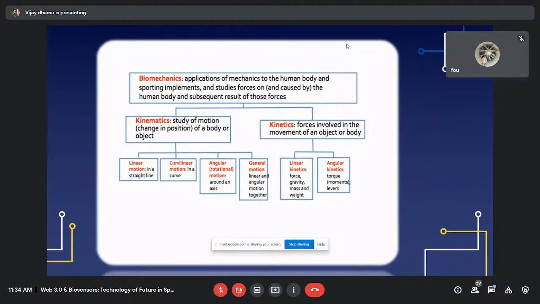All these things are called kinematics. Kinematics can be divided into linear motion, curvilinear motion, angular, and general motion. And kinetics into linear and angular kinetics. Linear means in a straight line. Angular means in a circular or rotatory movement.